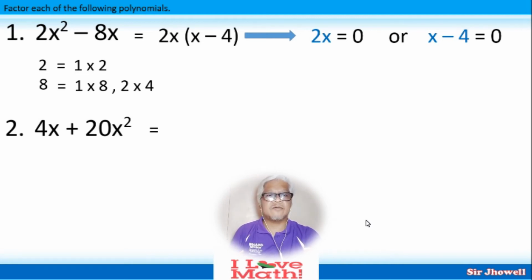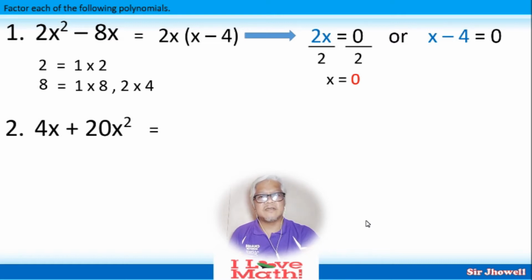Now, 2x equals 0, divide both sides by 2. Bakit? Kasi nga, ang kalapit ng x ay 2. So, ano yung kalapit ng x? Yun na nagiging divisor. Ibig sabihin, 2x divided by 2, the answer is x, while 0 divided by 2, the answer is 0. In this case, ibig sabihin, ang isa sa value ng x ay 0.